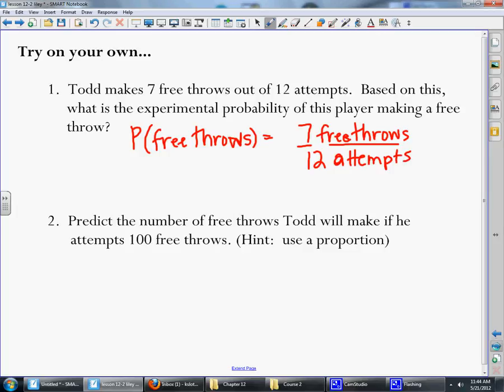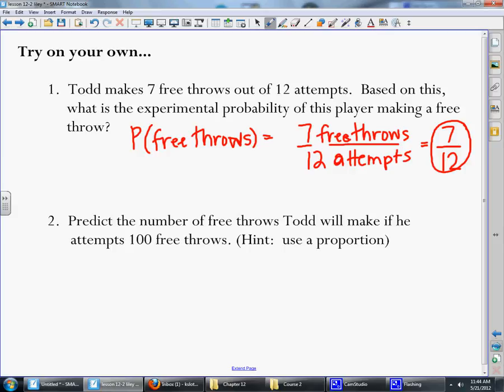We can't reduce it, so you have a 7 in 12 chance of making free throws. So now we're going to do a little prediction. Let's predict the number of free throws Tad will make if he attempts 100 free throws.